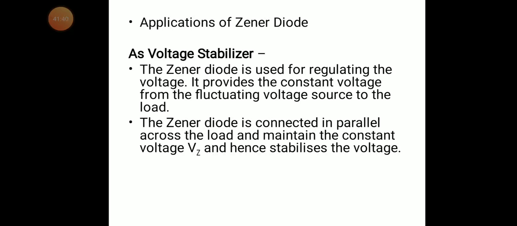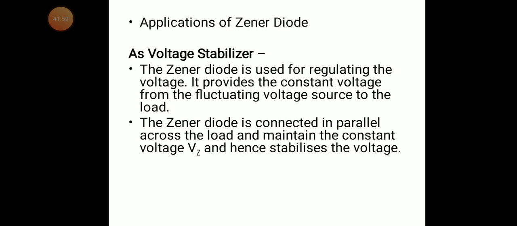So that's why the Zener diode is called a Zener voltage regulator or voltage stabilizer.